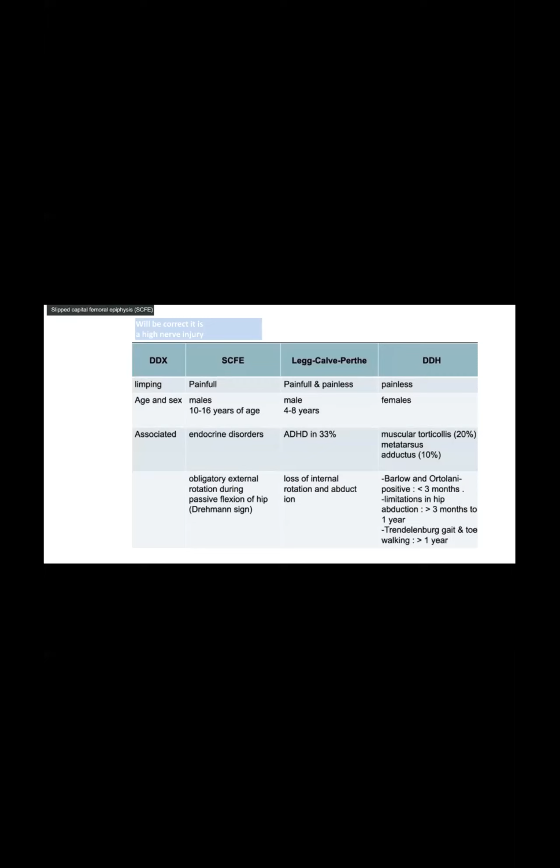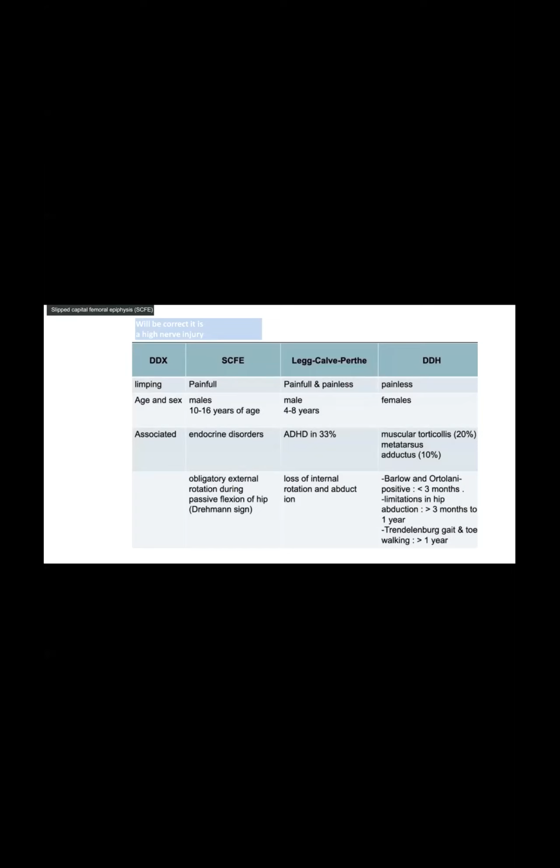So remember, dysplasia of the hip, DDH, is associated with muscular torticollis and adductors. Just remember it, it is not so important. The exam points are slipped capital femoral epiphysis and Legg-Calvé-Perthes disease.